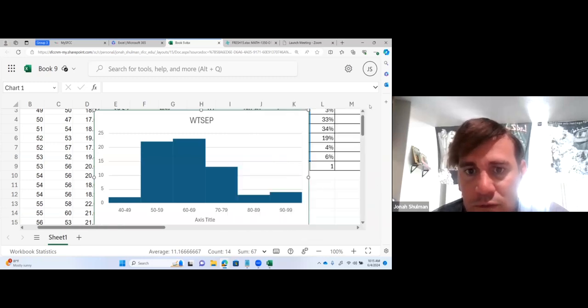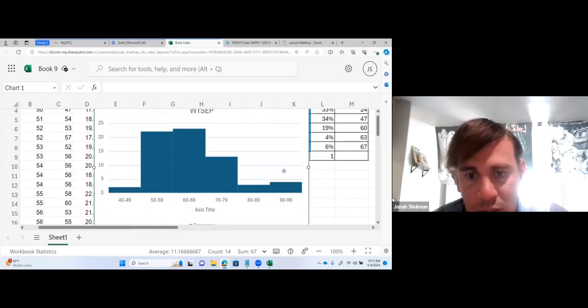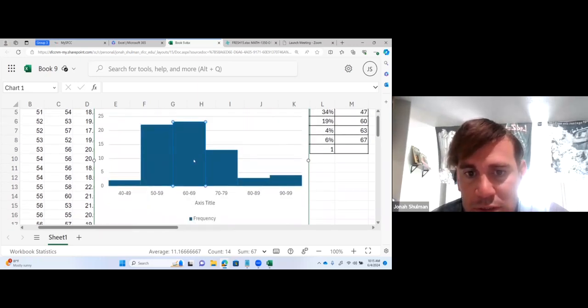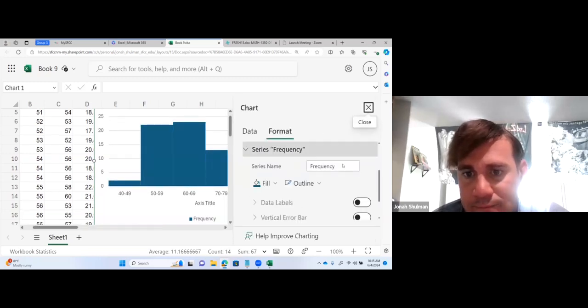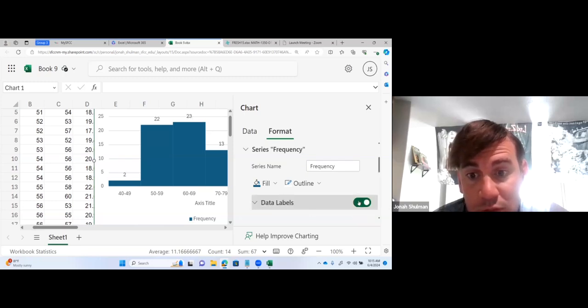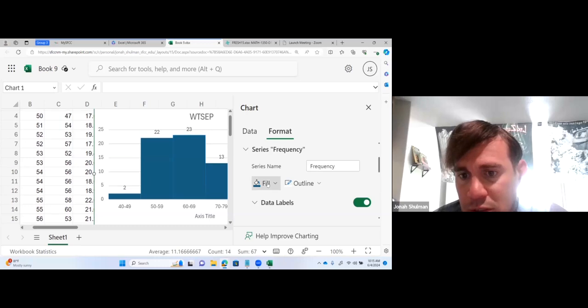And there's another way to do it too. You could always click this. Oh, if you have the other version, there's a plus sign here you turn them on. Or you just click these and it opens. Either way. But data labels is nice too. If I turn on data labels, it tells me exactly how much there's in each in case my eyes suck.